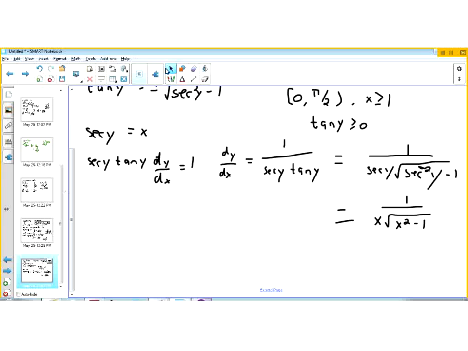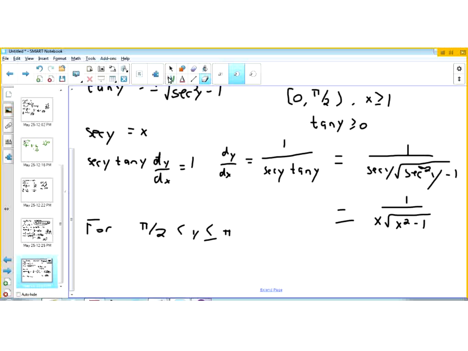So now for y in this range, the secant function as well as the tangent function are both negative.